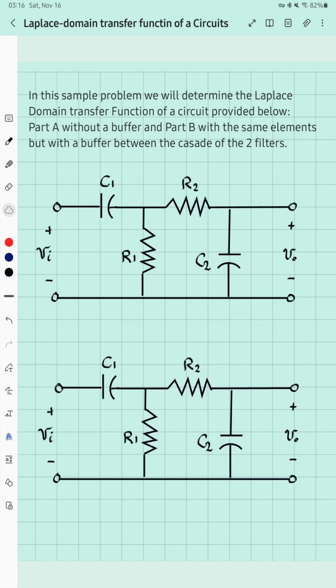Now we'll change this to V I of S, and this will be V out of S. C1 will be 1 over SC1, and C2 will be 1 over SC2. I'm going to do this one here as well.